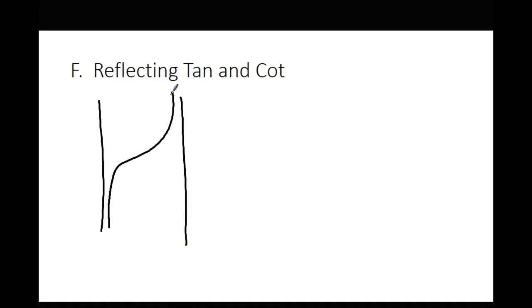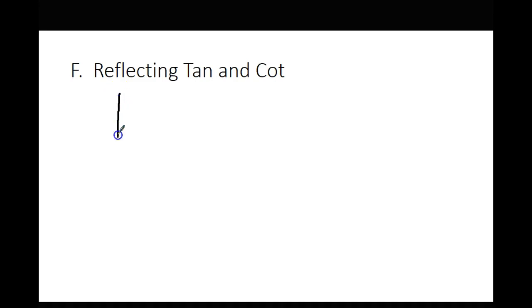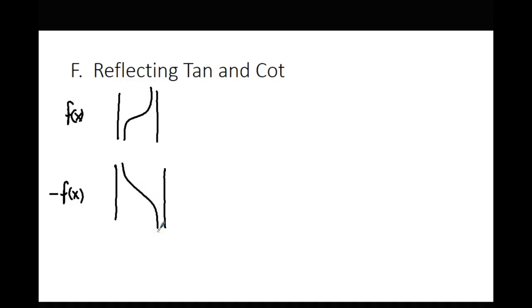Let me make it smaller though. Tangent looks like this. We'll call that f of x for now. So let's reflect that. If I were to flip that thing upside down, what would it look like? It'd be like, yeah. So it'll have the same shape as the cotangent one.